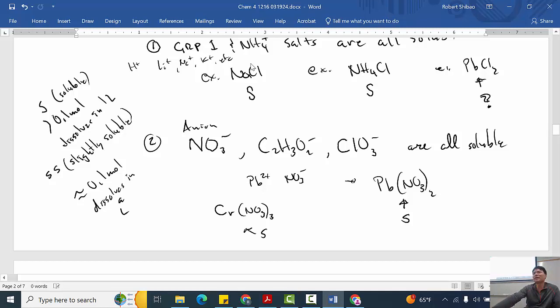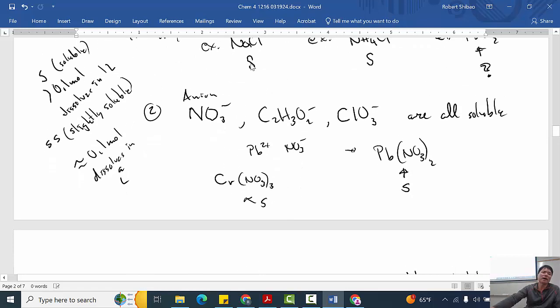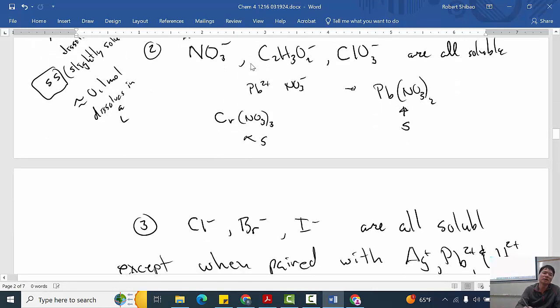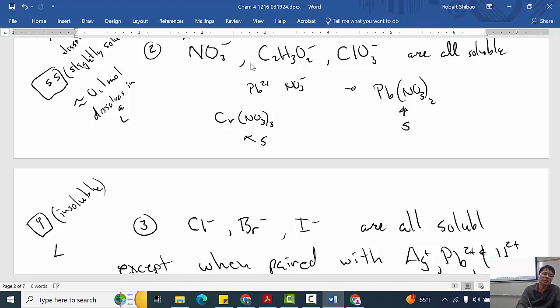We don't talk about grams because then it gets more complicated, since different atoms weigh different amounts. Moles is better in the sense that we can visualize it via moles of atoms dissolving. So we have S, which is soluble, SS, which is slightly soluble, and I, which is insoluble, less than 0.1 moles dissolves in a liter.